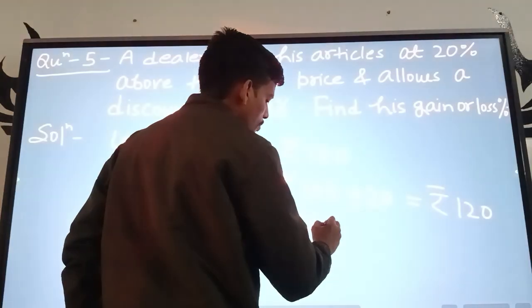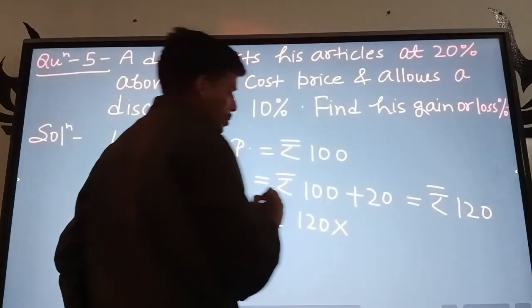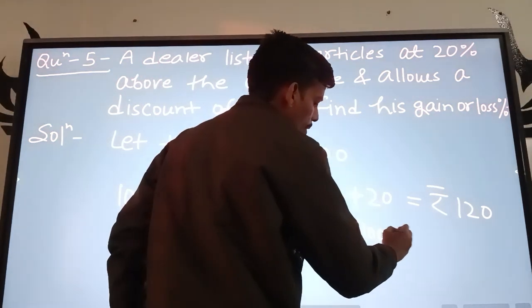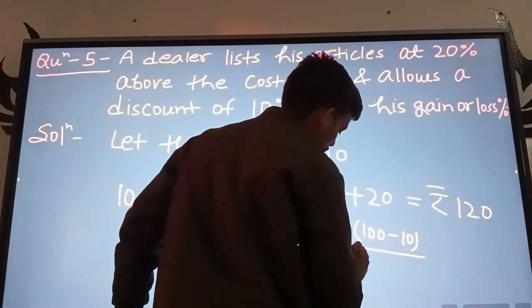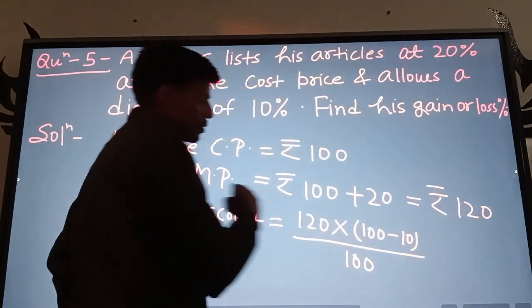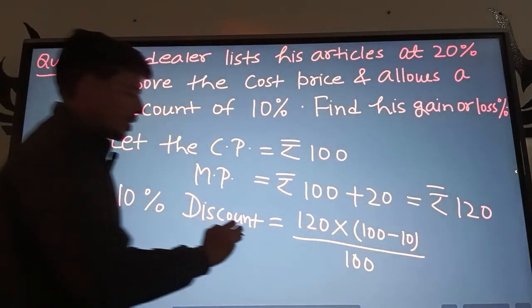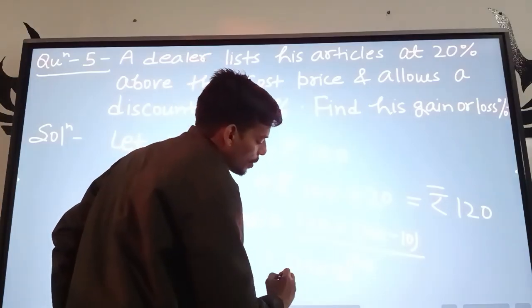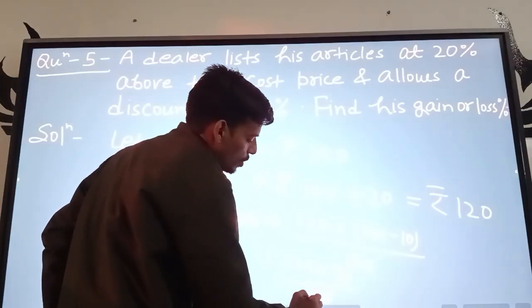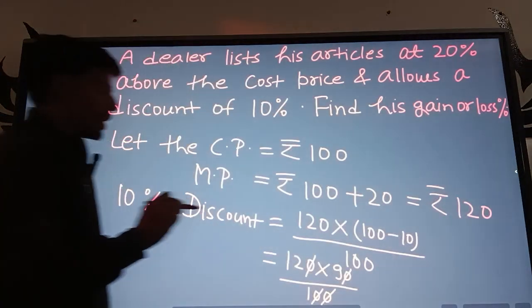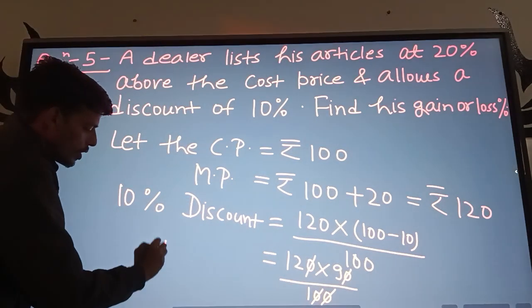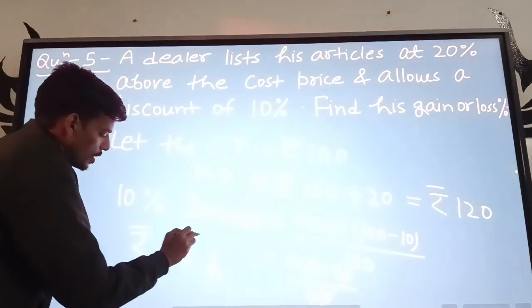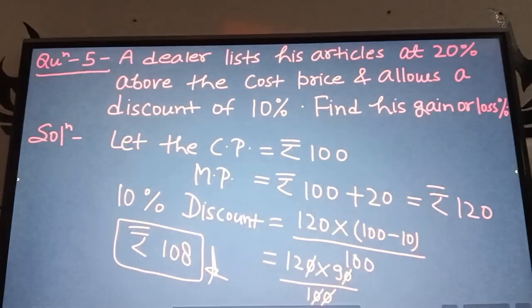So 120 into 10% discount, which means 100 minus 10 upon 100. So 120 into 90 upon 100. Cancelling 20 from numerator and denominator, the value is equal to 108 rupees. It is our final answer, rupees 108.